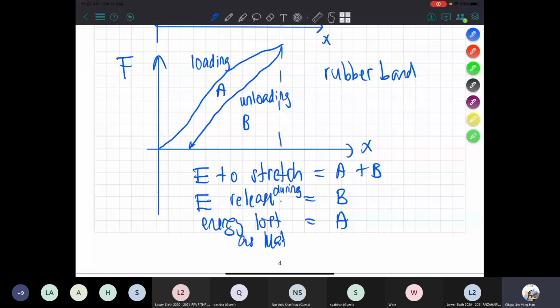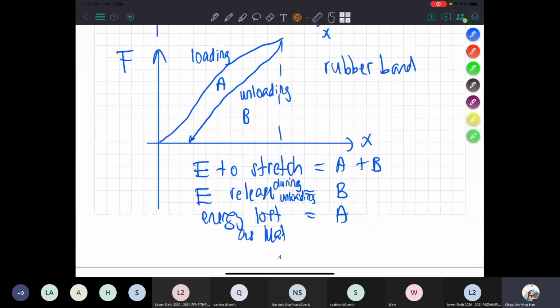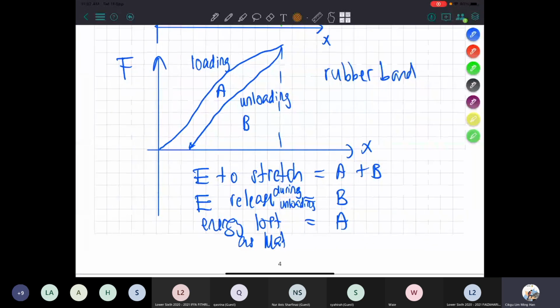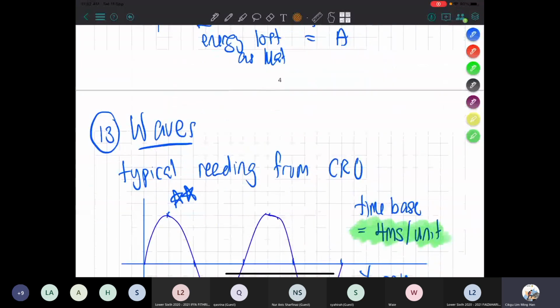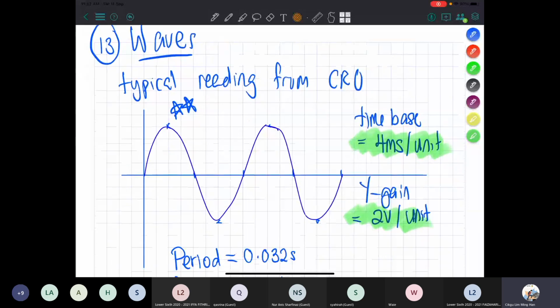During unloading, it will be B. This is only the area that will release. And the A here, the extra side here, will be energy loss as heat. So this is about deformation.